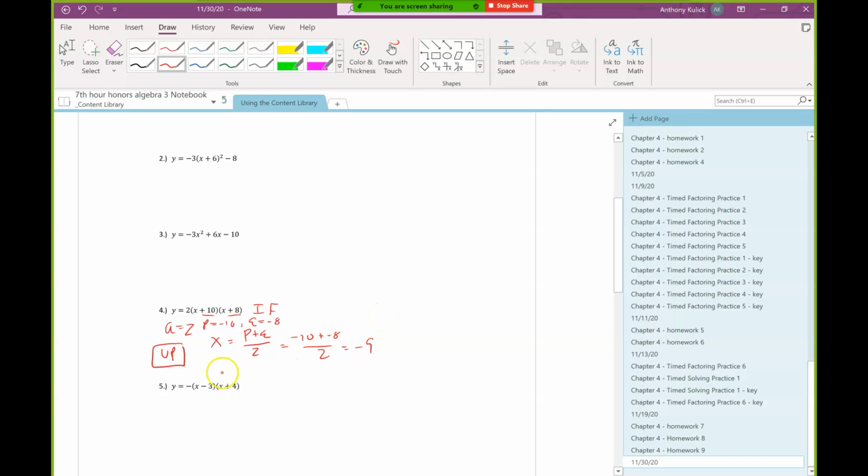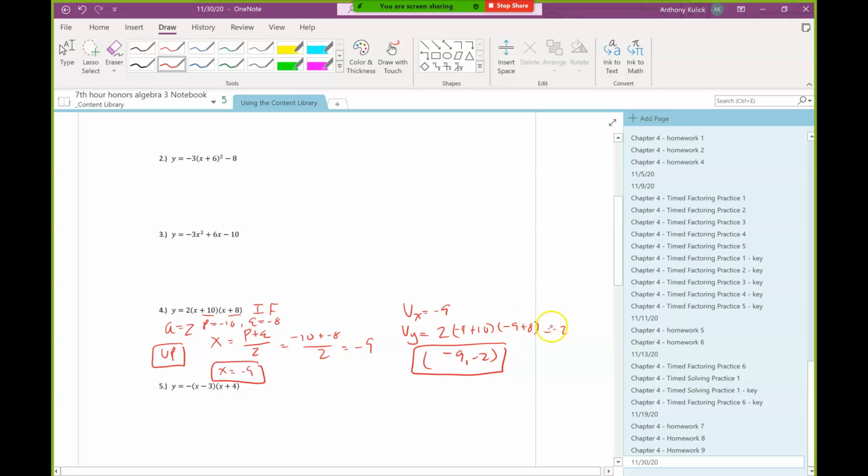It's negative 9 for my axis of symmetry. So that's also the x-coordinate for our vertex. To find the y-coordinate, we just plug that in. So negative 9 plus 10 is 1, negative 9 plus 8 is negative 1, and then times 2 is negative 2. So we have negative 9, negative 2 for our vertex.